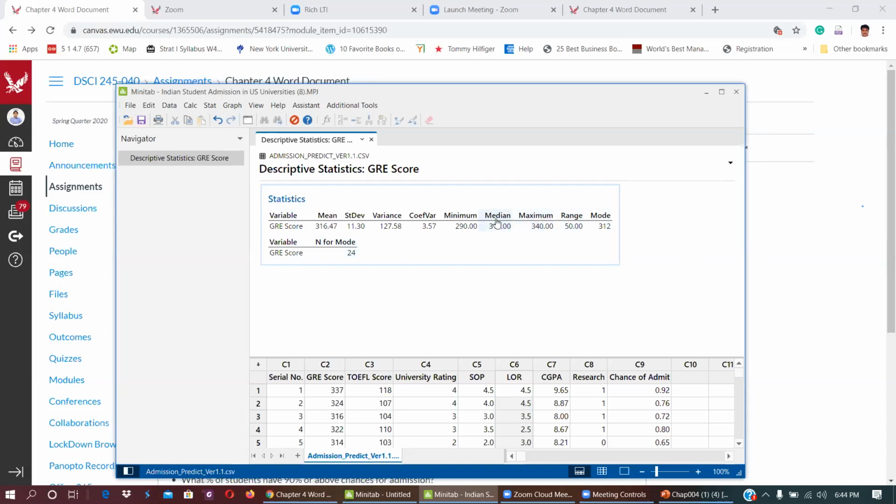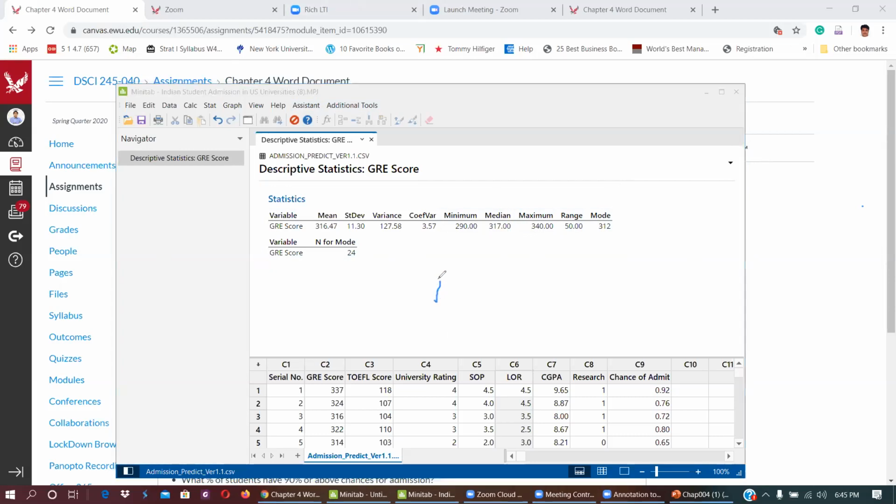Median is 317. It means when you arrange the data in order, the center point is 317. So 290 is the minimum and 340 is the maximum. Let me draw this here.